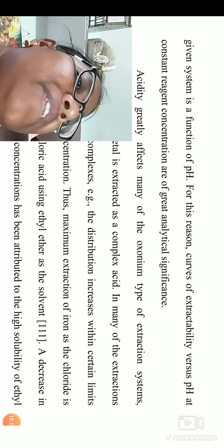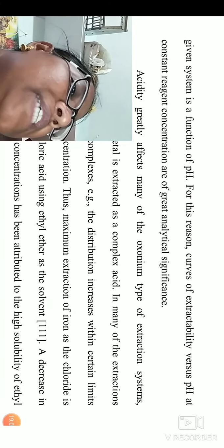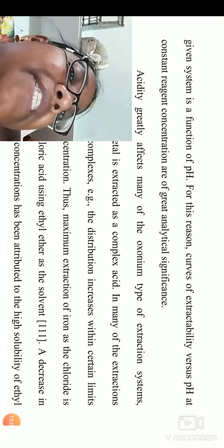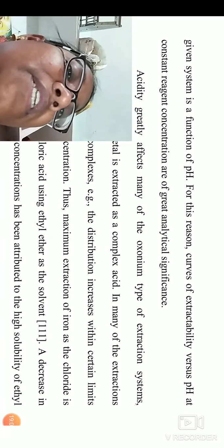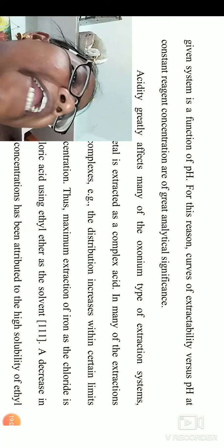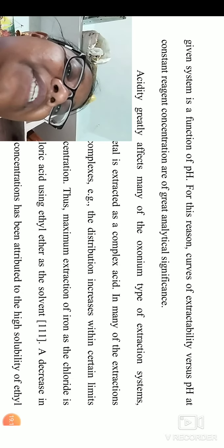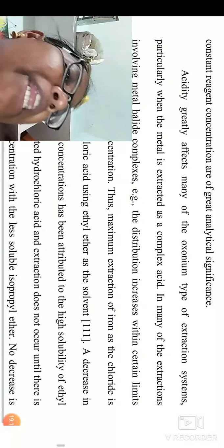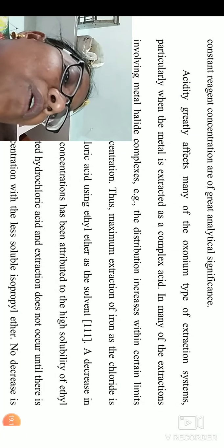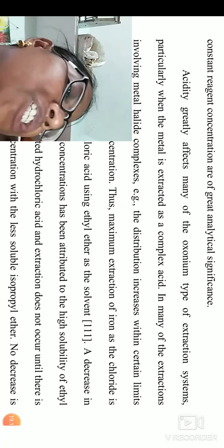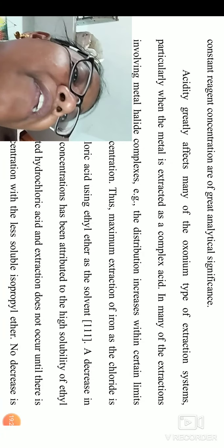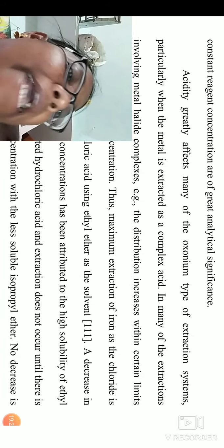For this reason, curves of extractability versus pH at constant reagent concentration are of great analytical significance. Acidity greatly affects many of the oxonium type of extraction systems, particularly when the metal is extracted as a complex acid.